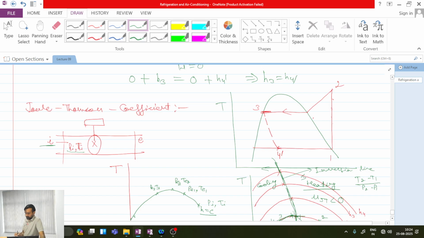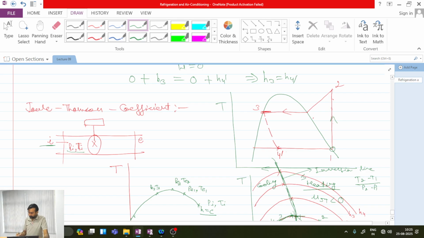Single stage means we are doing expansion and compression in a single stage, and saturation means that at the exit of the evaporator and at the inlet of the compressor my state is saturated. Okay, and standard because this is the first variant coming after modifications in the reverse Carnot cycle, that's why we are calling it the standard cycle. All are clear up to this point?